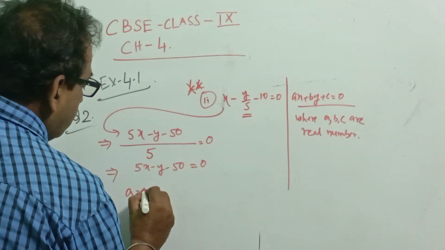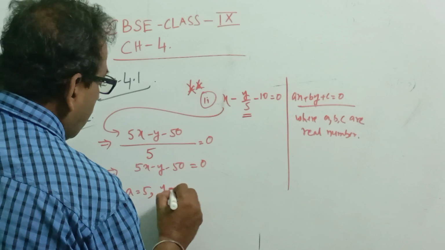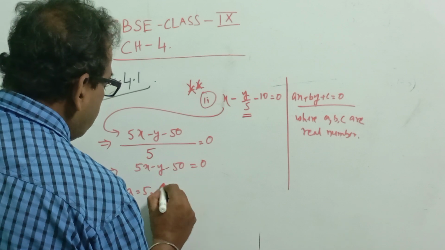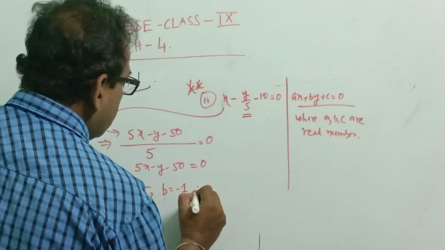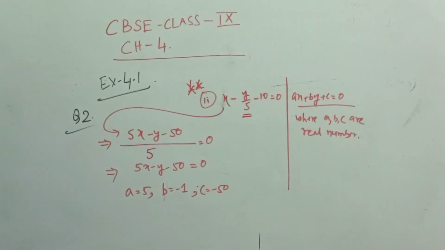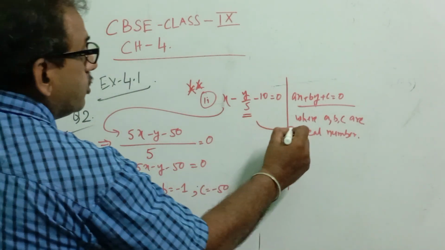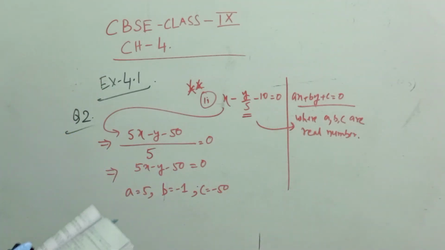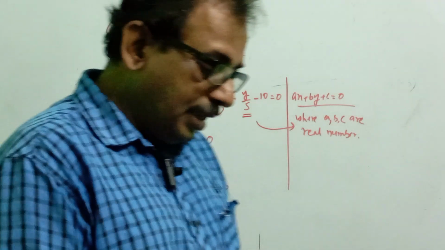So a is equal to 5, b is equal to minus 1 and c is equal to minus 50. So why is that fraction 5 not there? Because a, b, c are real numbers.